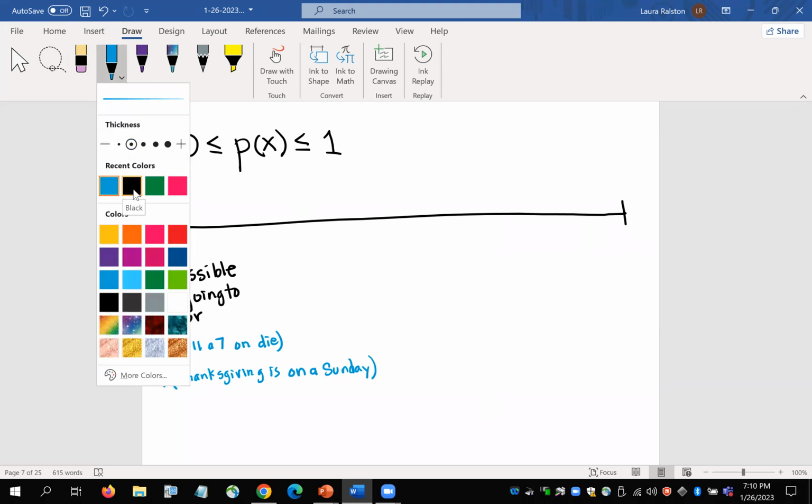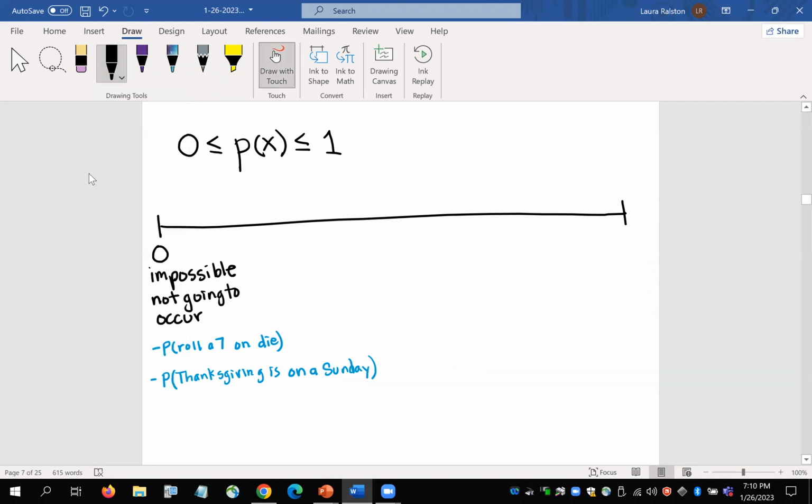On the other extreme, you have 1. A probability of 1 means that it is certain. It's going to occur regardless of what you do to try to prevent it. It's going to happen regardless.